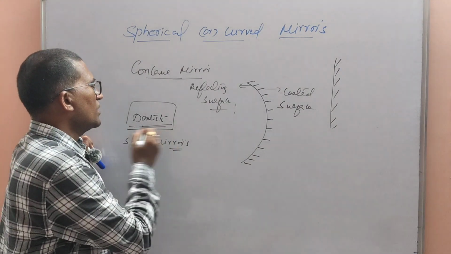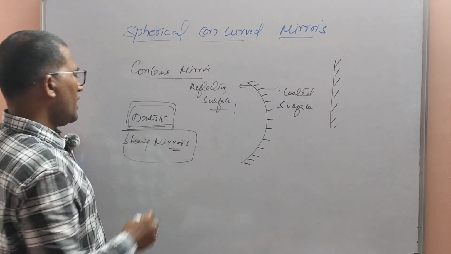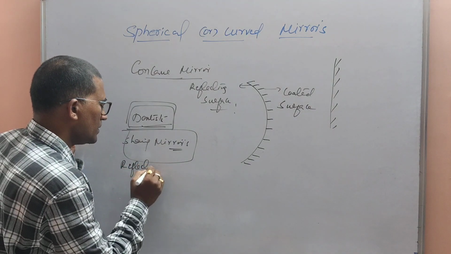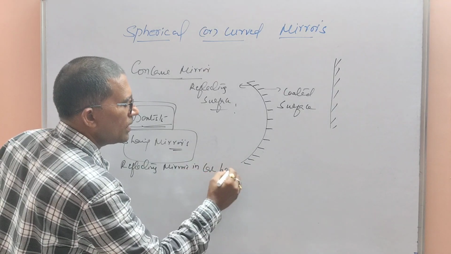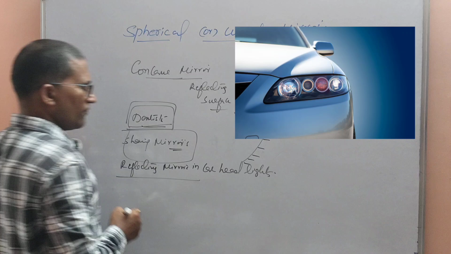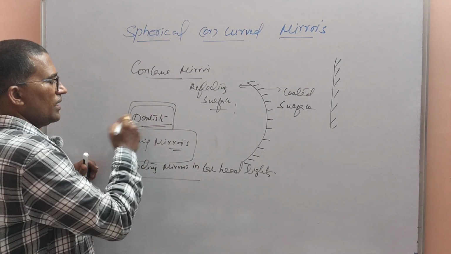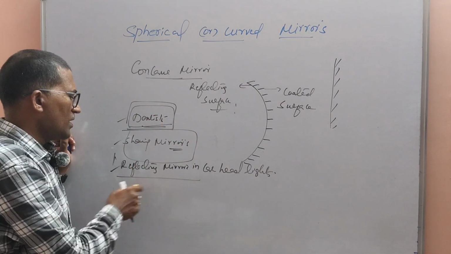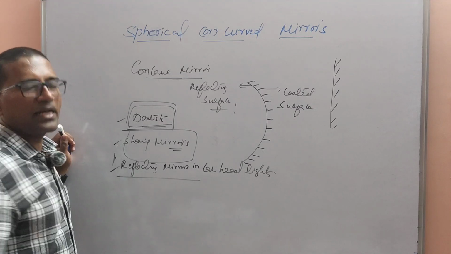And these are also used as reflecting mirrors in car headlights. So the applications are: one is by dentists, next is shaving mirrors, and also as reflecting mirrors in car headlights.